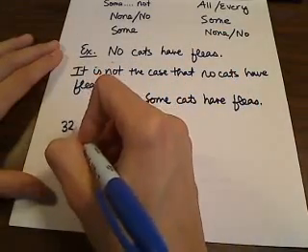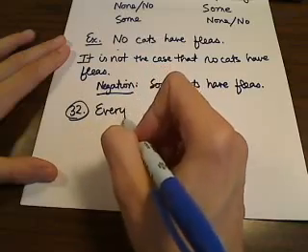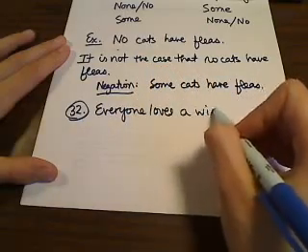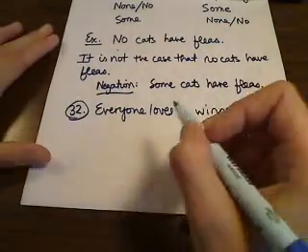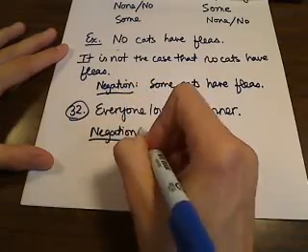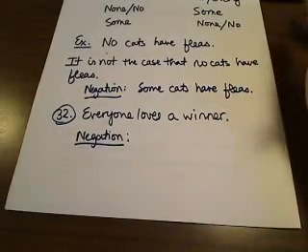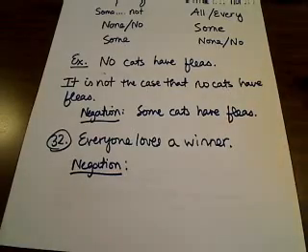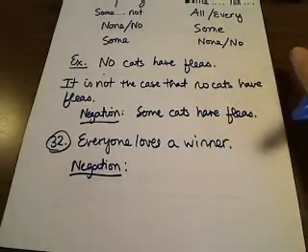Another example would be, this is number 32 from the book. Everyone loves a winner. Okay, so that's the statement, and we want to negate it. If we look at our chart, the negation says some and not. But think about it. You're not going to negate it by saying no one loves a winner, because that's not necessarily what we know.